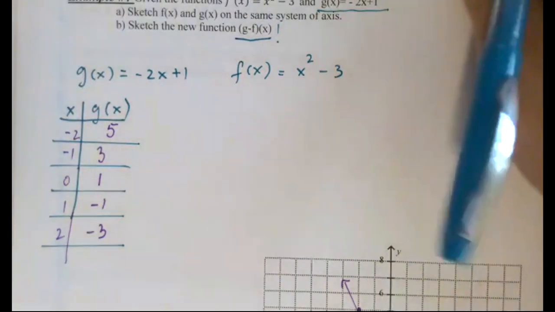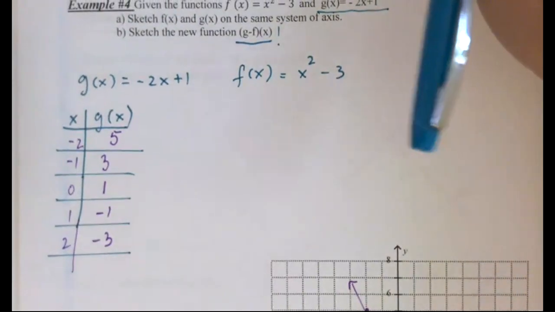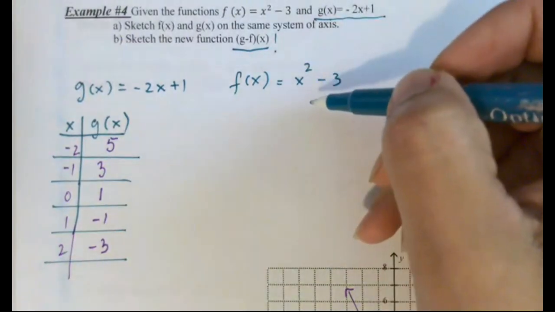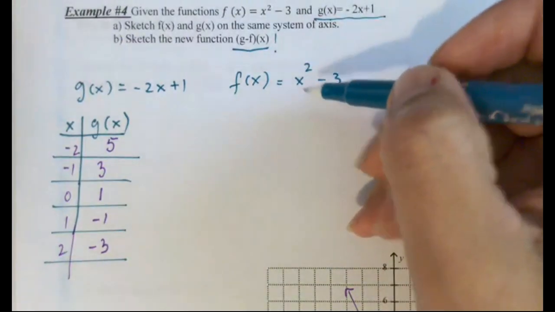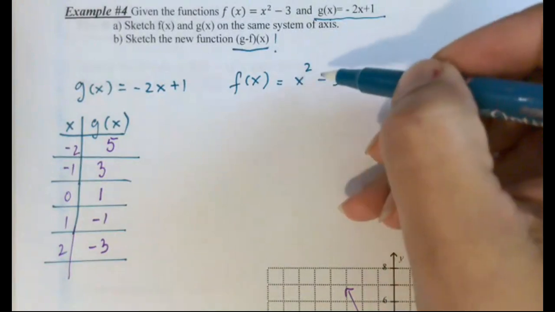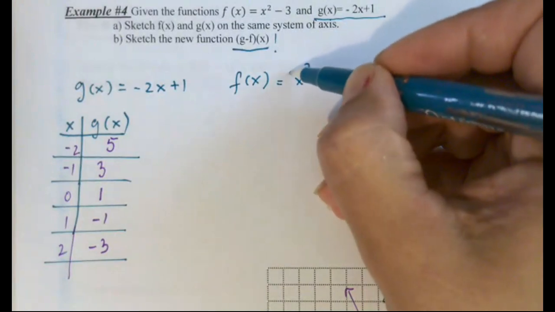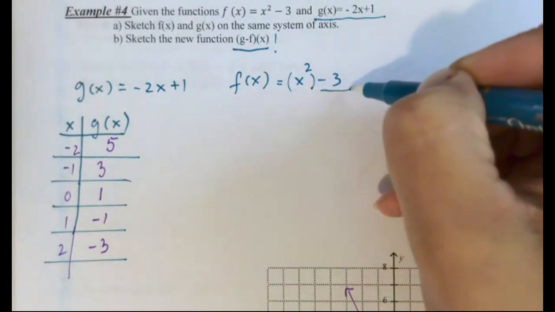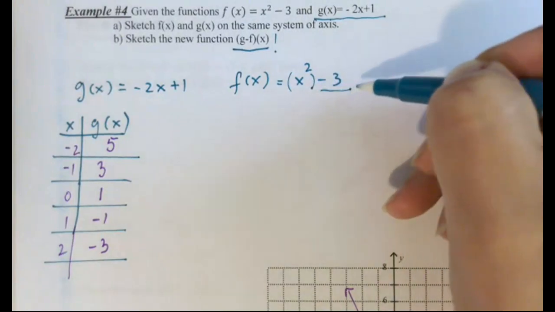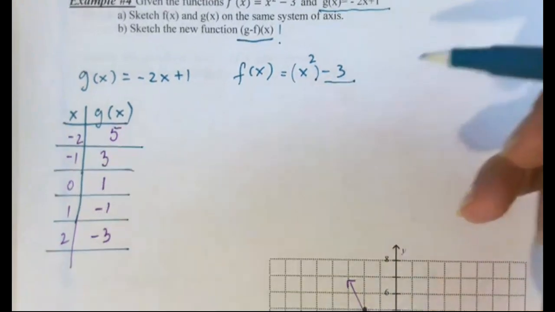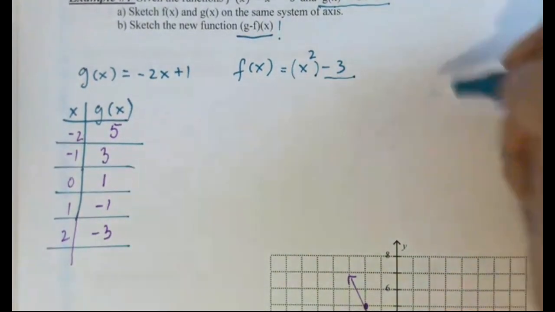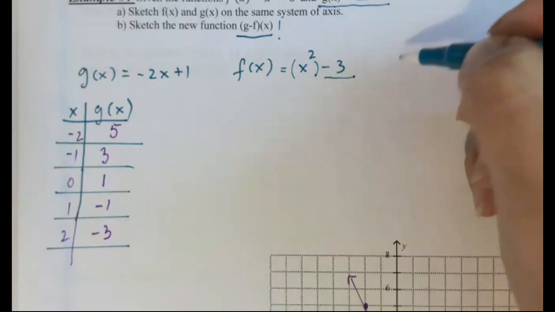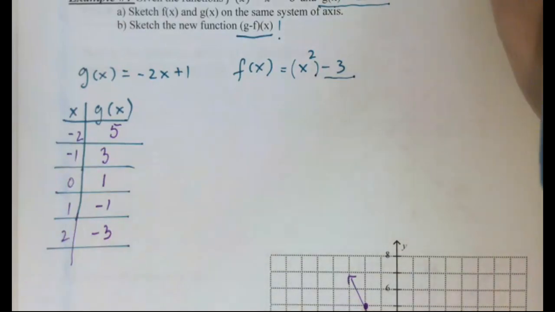Now f of x is a quadratic. Now, how can we graph the quadratic? Well, this one is quite simple because it only has the quadratic parent function and then subtract 3. So we just have to move every single one of the points of the parabola that we're so used to, the (0, 0), (1, 1), (2, 4), down 3, right?